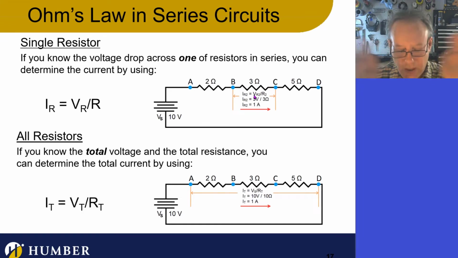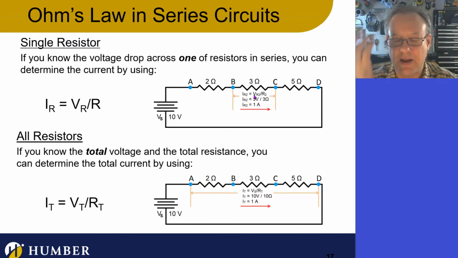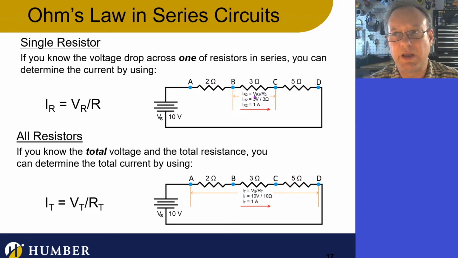And this is a little bit trippy. I know this is kind of hard to wrap your head around. Okay, wait. So if Ohm's law tells me that the current through R2 is a very specific value, how come the current through R1 or R3 is the same, even though when I use Ohm's law, I'm going to be using different values?